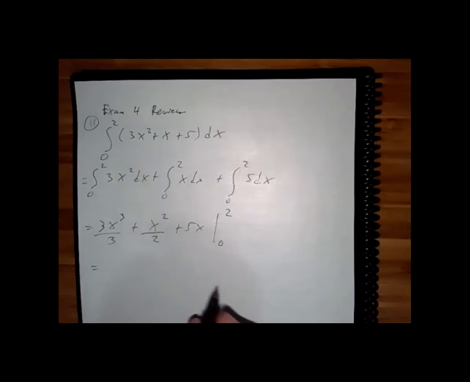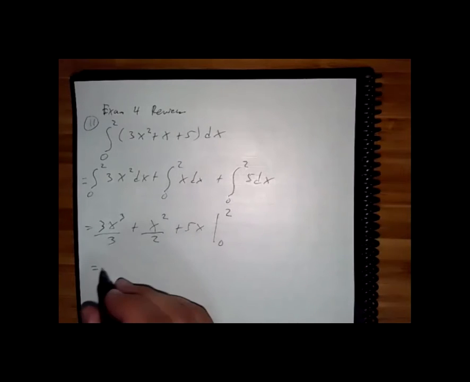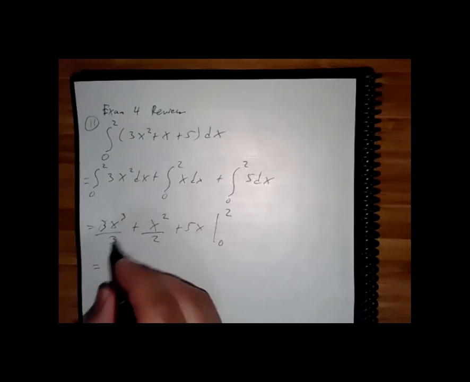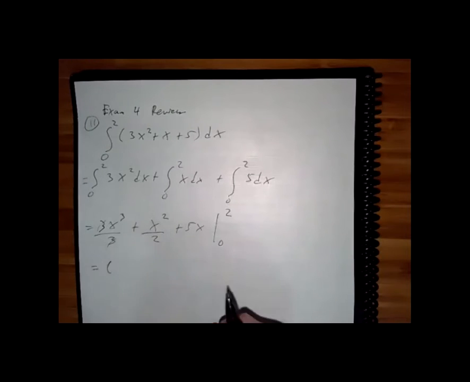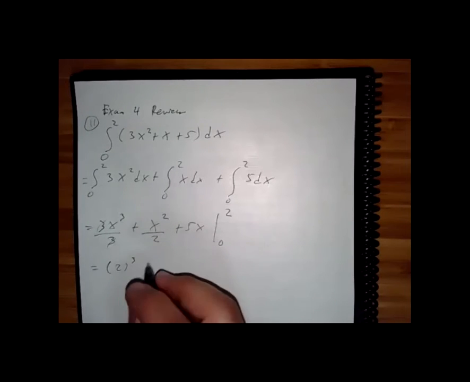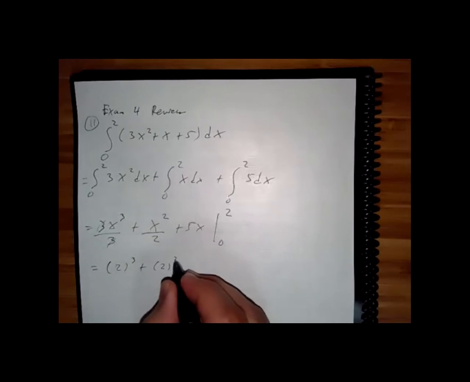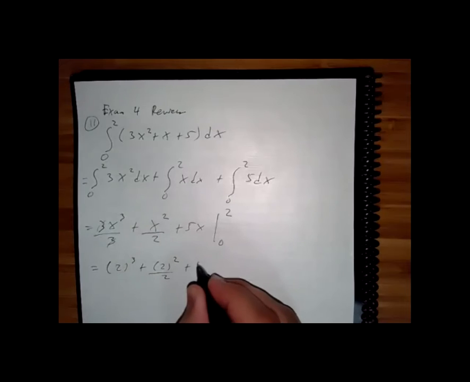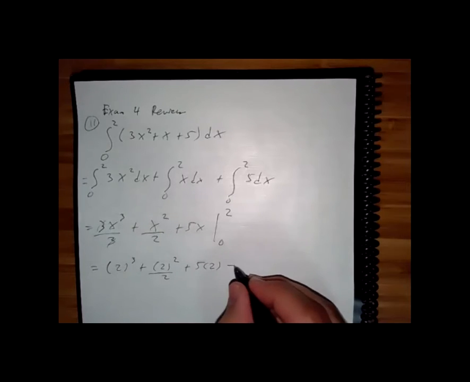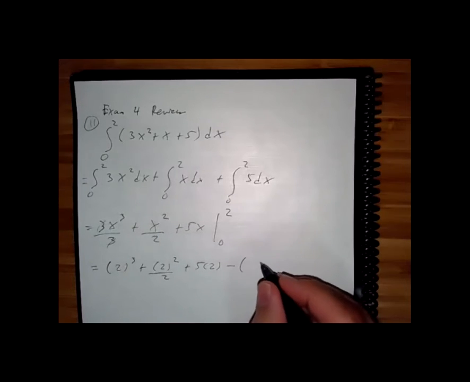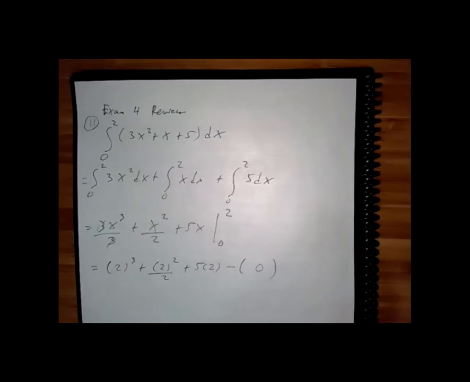Then just plug in the bounds, the top minus the bottom. Those 3's are going to cancel. So you're going to get 2 cubed plus 2 squared over 2 plus 5 times 2, minus, it's all going to be 0, right? So you get 8 plus 2 plus 10. It's 20.